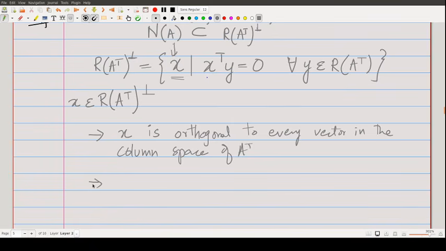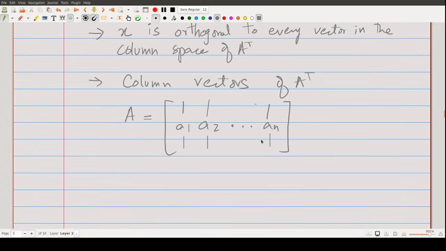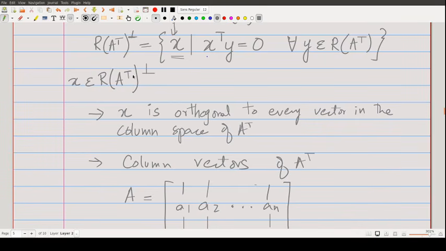And what does that tell us? Let's write A as having rows A1, A2, up to Am. A transpose is a transformation from Rm to Rn, so X will be a vector in Rn.